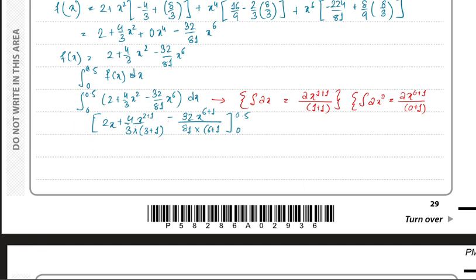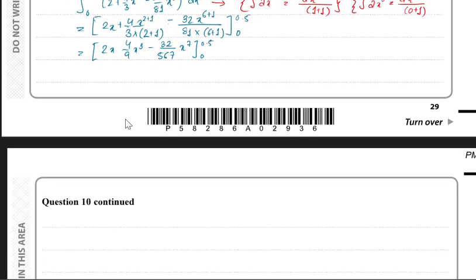Oh, did I write it right? There is a mistake, it's 2 plus 1, so this would be 2x, and 4 divided by 3 multiplied by 3 is 4 by 9 x to the power 3, minus 32 by 81 multiplied by 7 is 567, so 567 x to the power 7, bracket close, and the limits are 0.5 and 0.